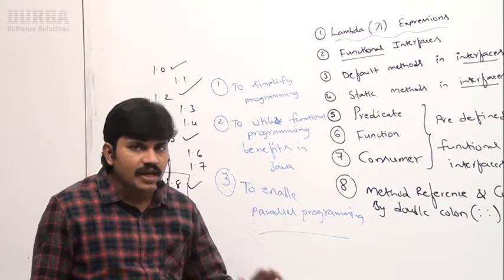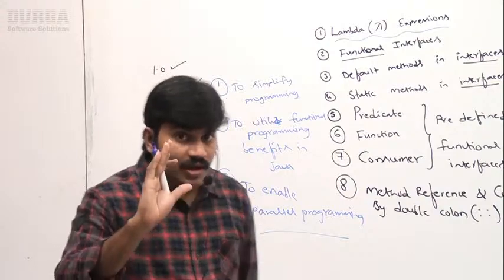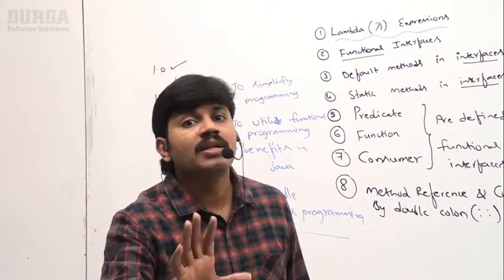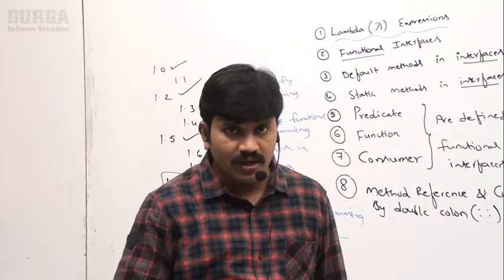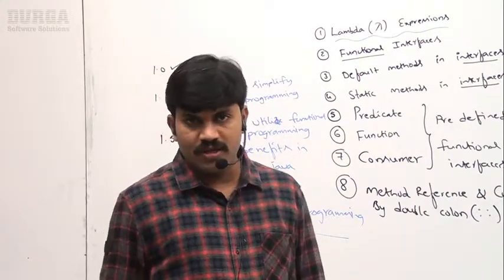Sir, Java 8 came into the picture. Now I can write more compatible code which is going to run on multi-core processors, so that overall performance by default is going to improve, right? Are you able to understand, right?